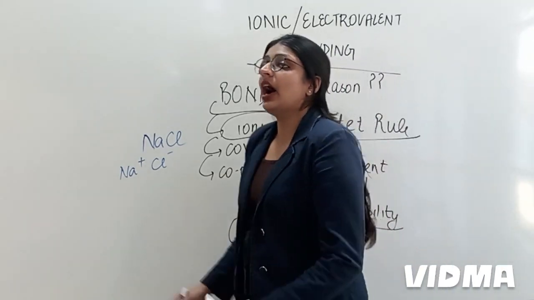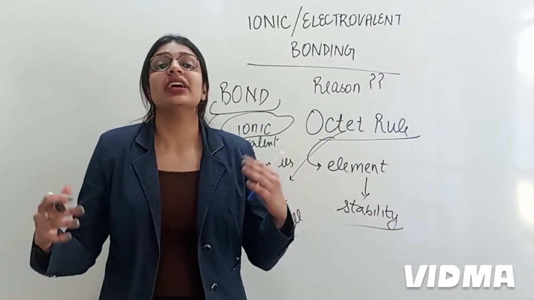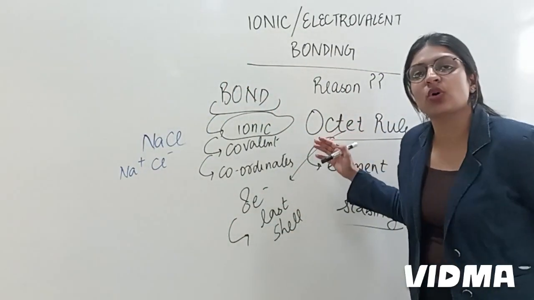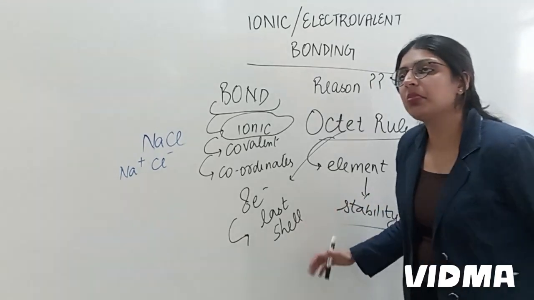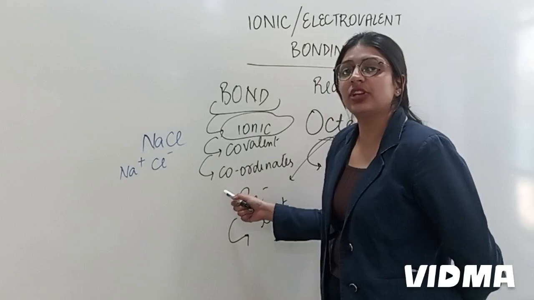Whenever an element has 8 electrons in its last shell, it becomes inactive, inert. So in order to complete its octet and become very stable, it will form bonds by any of these three methods.